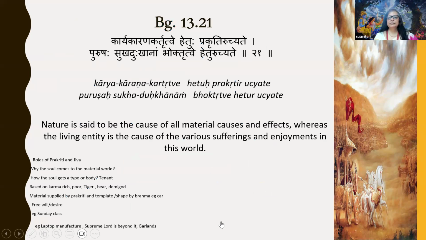And then we talked about the 21st shloka: karya karana kartritve hetuh prakritir uchyate, purushah sukha-duhkhanam bhoktritve hetur uchyate. It says that nature is said to be the cause of all material cause and effect, whereas the living entity is the cause of various suffering. So here we talked about who is actually the reason for this suffering.